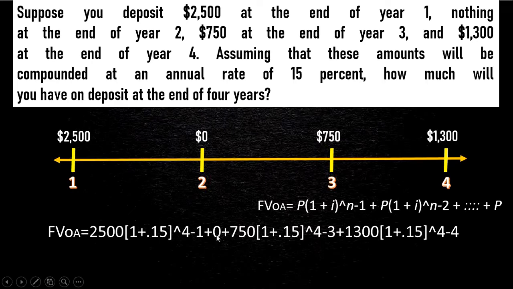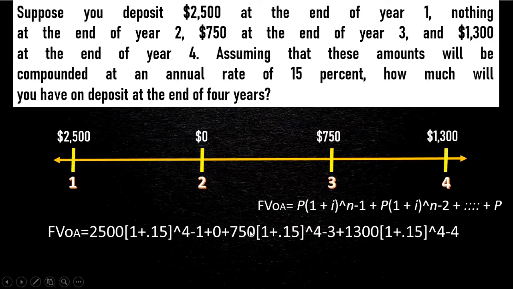If there was something in the second year, for example $100, then it would be 100 multiplied by 1 plus I, which is 15%, to the power n minus 2. But as nothing is deposited in year 2, we're not calculating anything here, we're just keeping it 0.